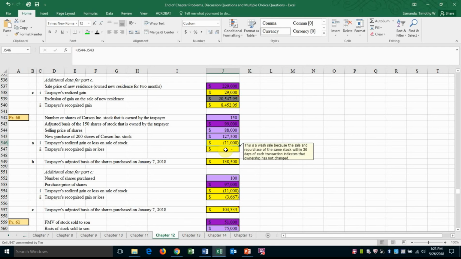Unfortunately, because it's a wash sale, they don't get to take advantage of that $11,000 as a deduction. So there's no tax benefit to the taxpayer of this $11,000 loss.